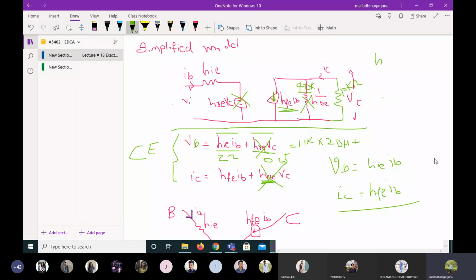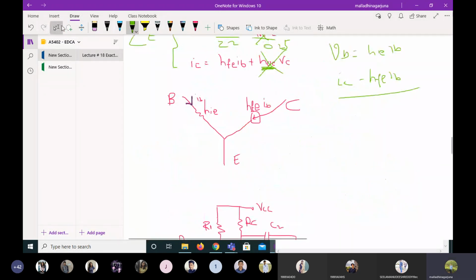So this is my equation. This is the new H parameter model, the simplified H parameter model. You can draw the simplified H parameter model like this.